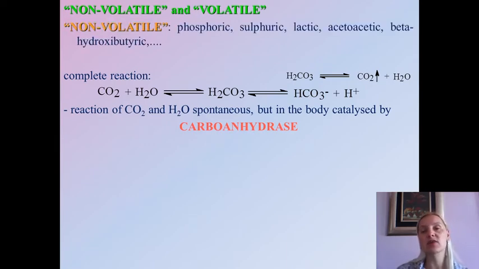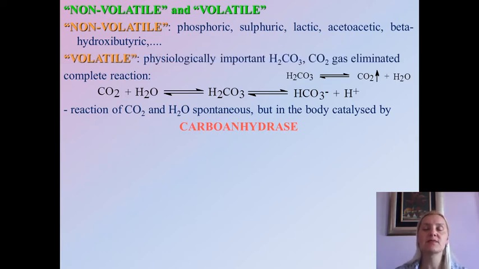Non-volatile acids are, for example, phosphoric acid, sulfuric acid, lactic acid, pyruvic acid, acetoacetic acid, beta-hydroxybutyric acid, and numerous others. Volatile acid is physiologically important carbonic acid, and it's called volatile because it can be eliminated in the form of carbon dioxide as its gaseous form.